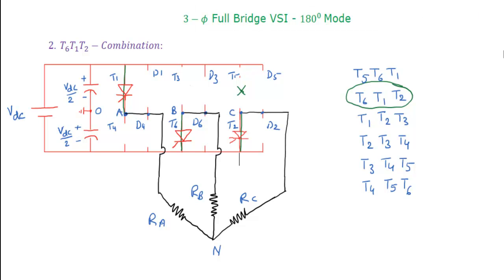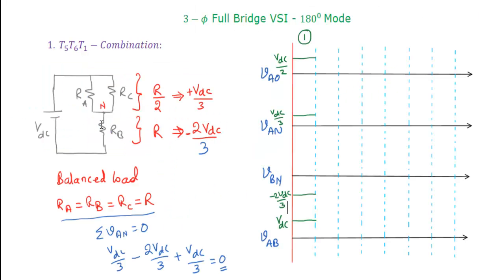Phase B is connected to the negative terminal through T6 and phase A is connected to the positive terminal through T1. So phase A got positive voltage and phase B got negative voltage.